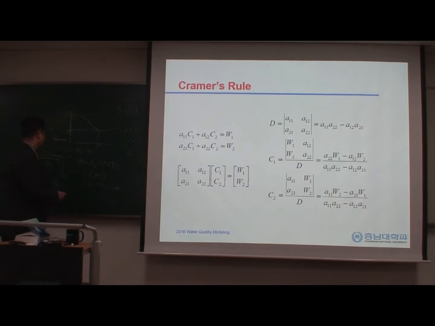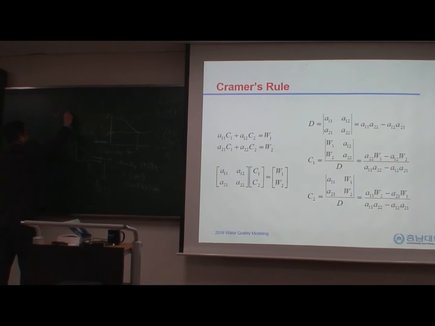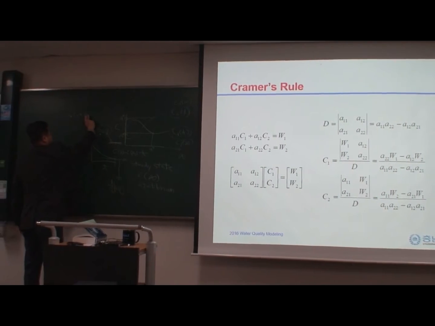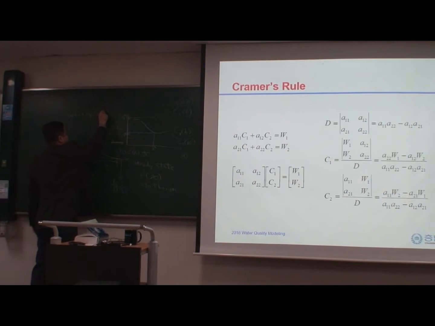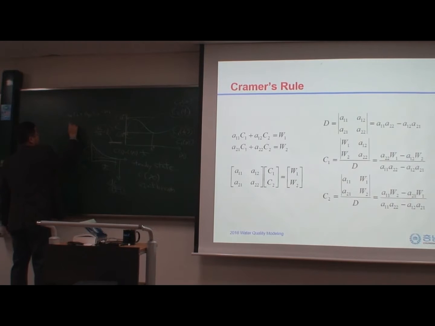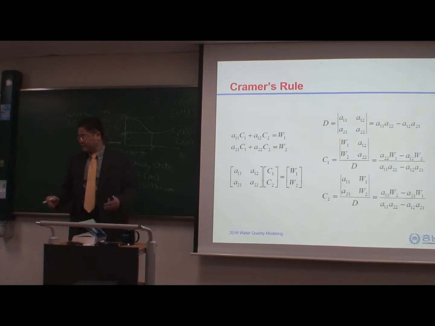Very easy. But for this 2 by 2, let's say A12, A22, C2, A21, A11, C1, A22, C2, W2. This is not a big deal because it's very simple, right?